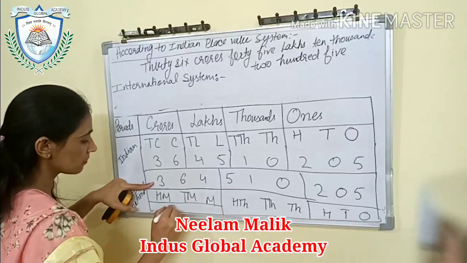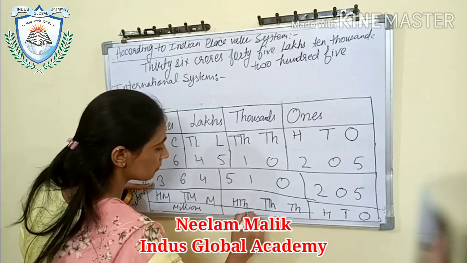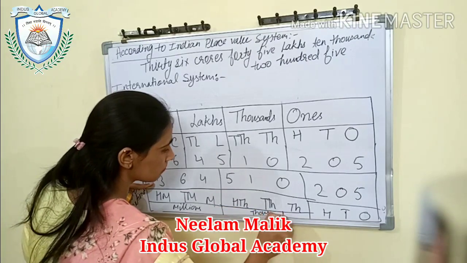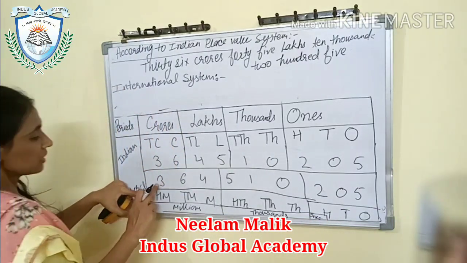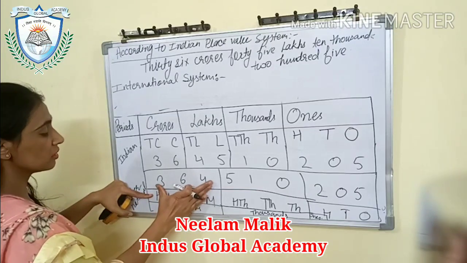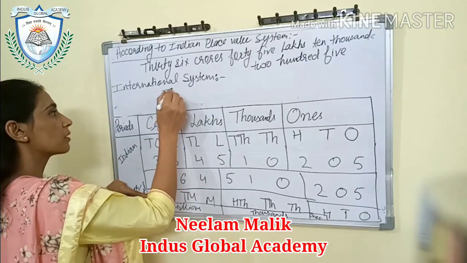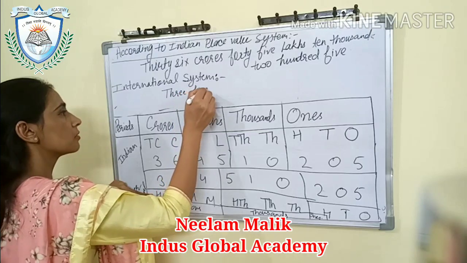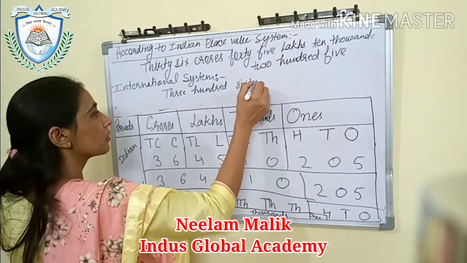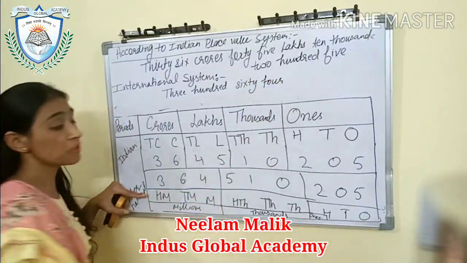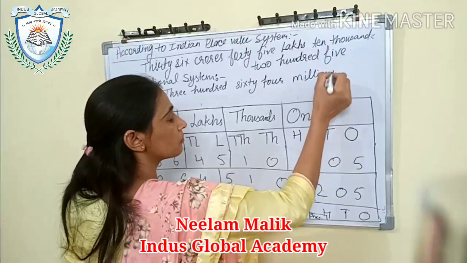This is millions, and this is thousands, and here it is ones. So how will you read? 364 millions.